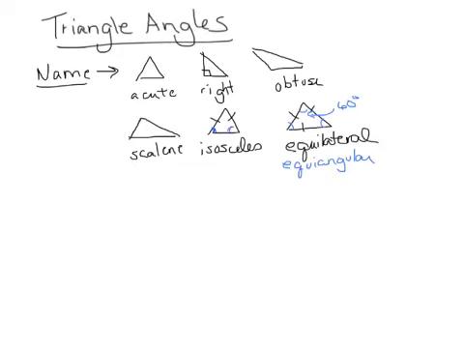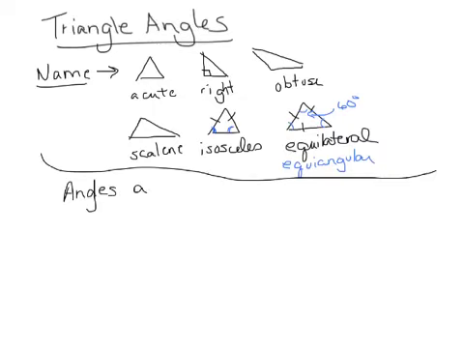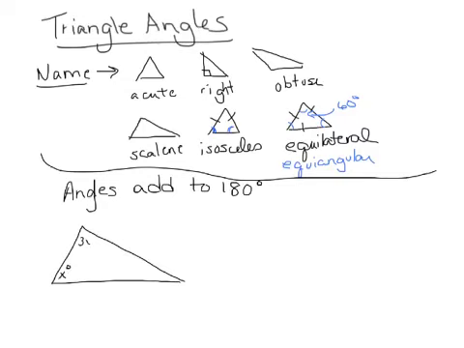What's also good to know about triangles is that all the angles add to 180 degrees. So what that basically means is if I tell you I have a triangle where this is x degrees, this is going to be 3x degrees, and this angle is going to be 5x degrees.